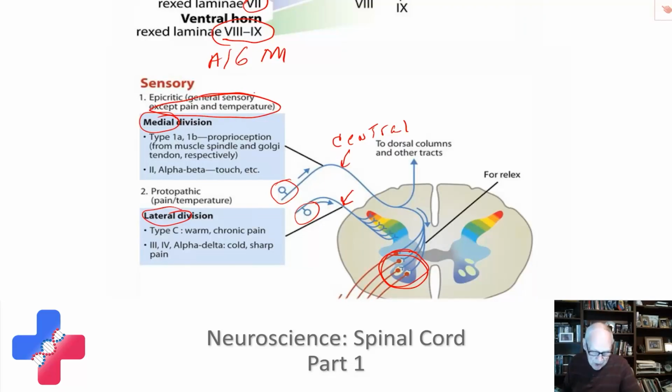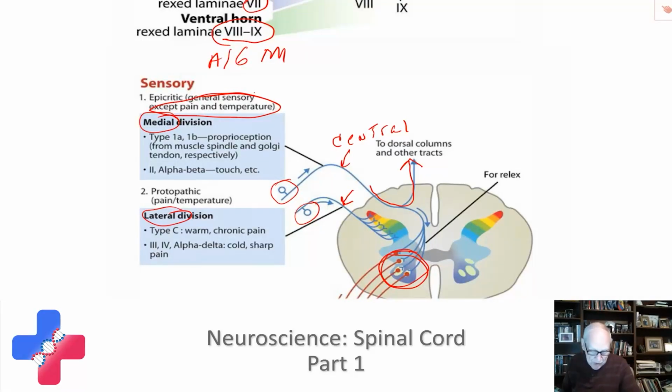Now, what's unique about these incoming central fibers is that when they come into the cord, notice they do not enter the dorsal horn. They bypass the dorsal horn and just form these branches, collaterals that head north up the spinal cord and form some sensory long tracts.